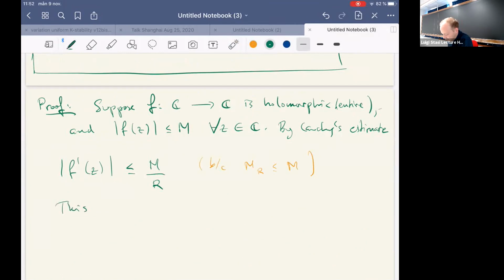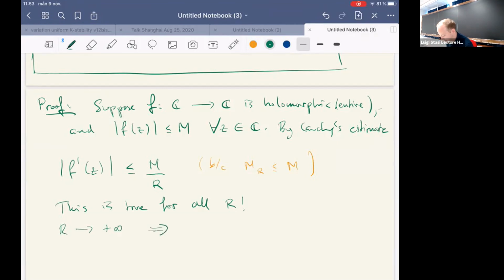But now we notice that this is true for all r positive. So what does it mean? If you have this estimate that there is some uniform constant, always the same constant M, such that the absolute value of f prime of z is less than or equal to M divided by r for any r, then we can let r go to infinity.